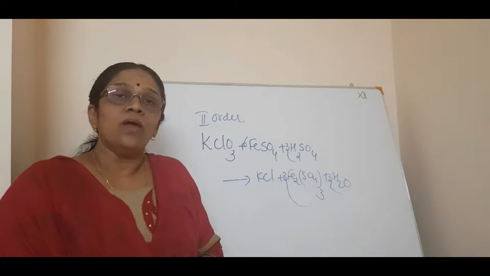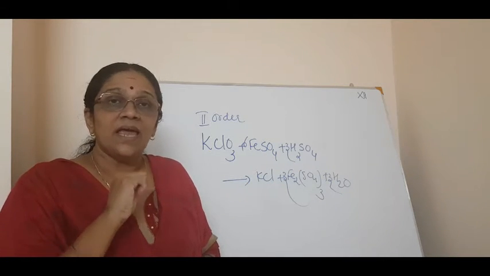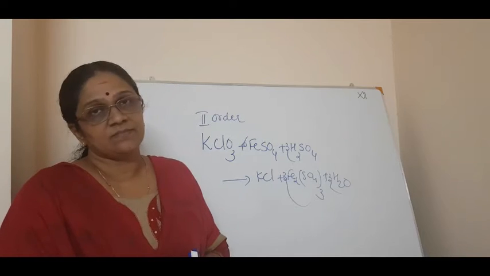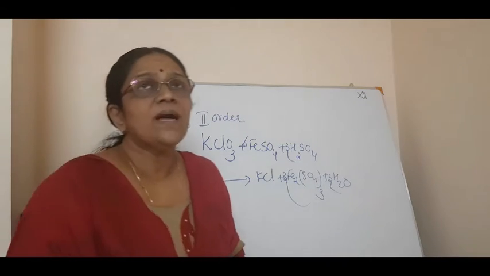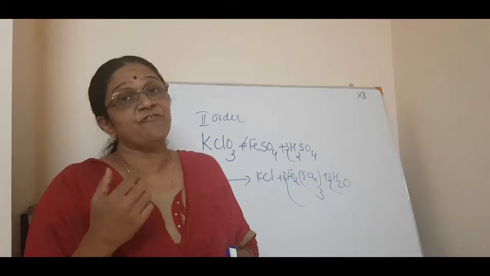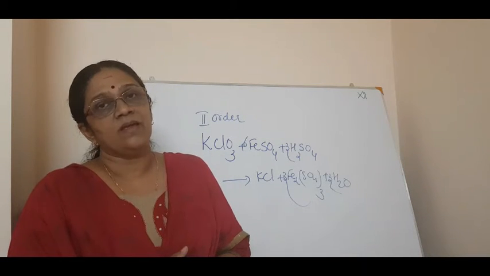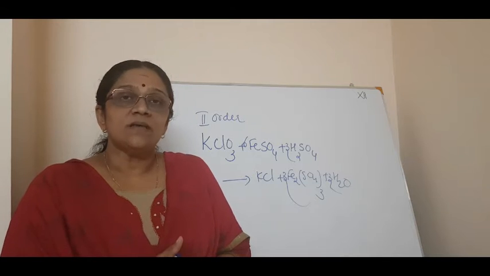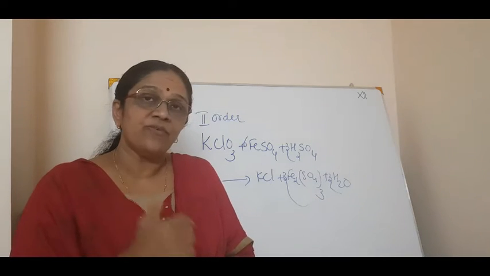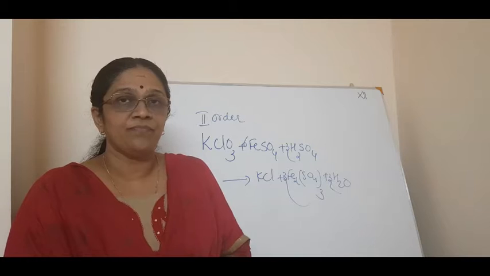Now, as you know, a complex reaction takes place in so many steps, isn't it? Now, imagine 5 steps: 1, 2, 3, 4 and 5. Then the problem is how you will calculate the rate of a reaction for a complex reaction.